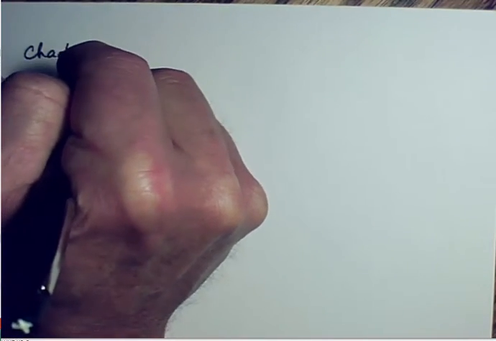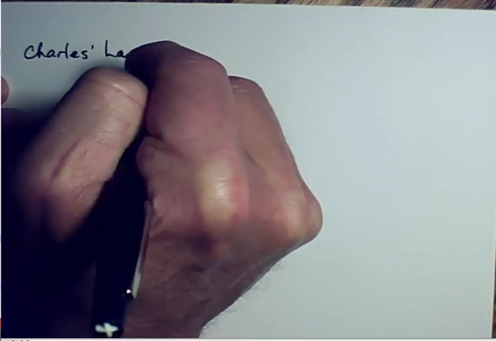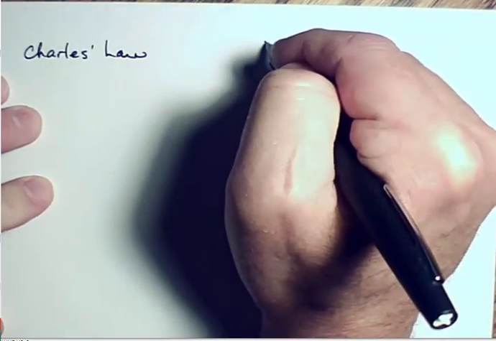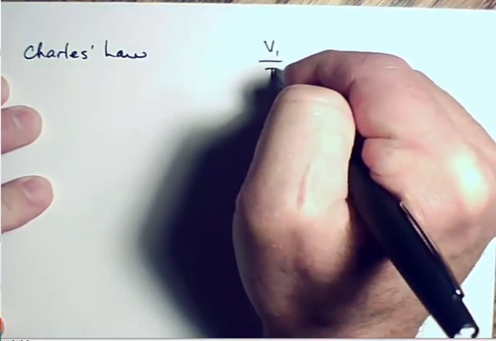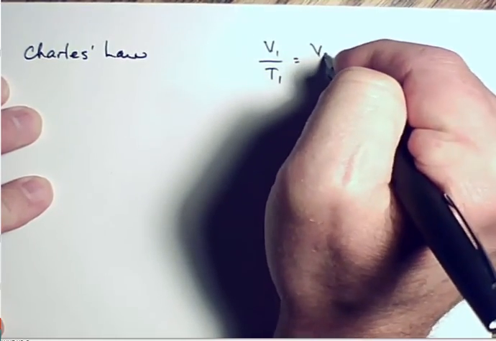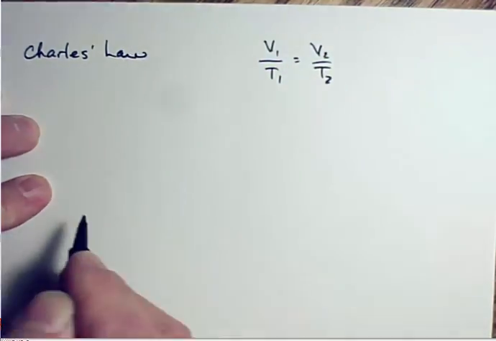So we've talked about Charles' law. And we said Charles' law was V1 over T1 equals V2 over T2.